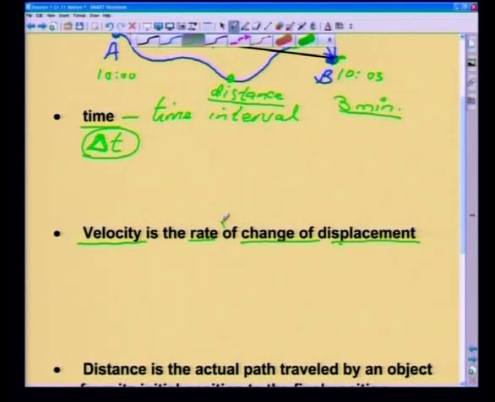I want you to focus your attention on this little word. It's very important: rate. The moment a person begins to talk about rate, you must always know that something is happening per time. There is some event that is taking place, and that particular event is timed, or we know how long it is taking place.